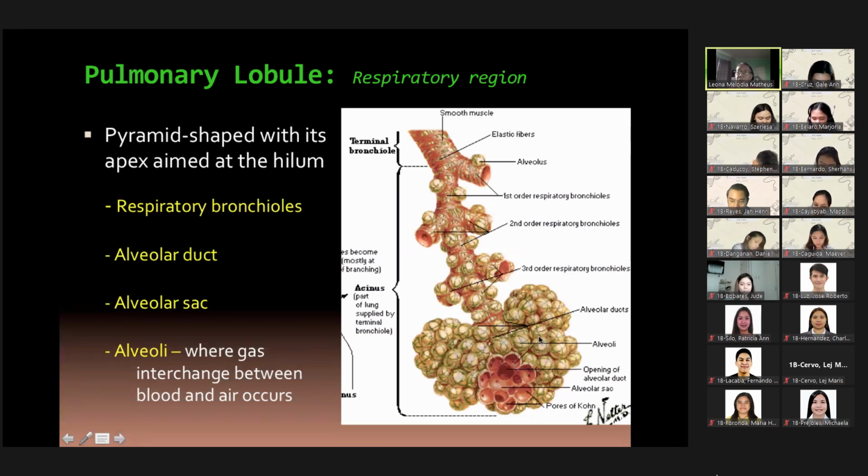So all these structures, where you find these alveoli and where you will have gas exchange between blood and air, are all parts of your respiratory region, again, what we call your pulmonary lobule. Don't forget, as long as you find an alveolus in the structure, it already becomes a part of our respiratory region.